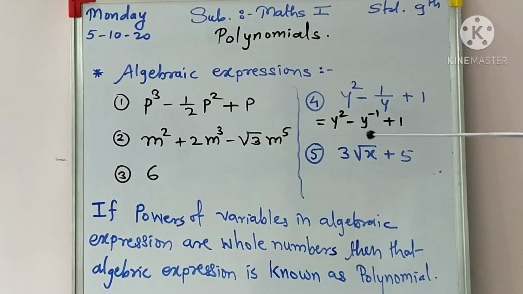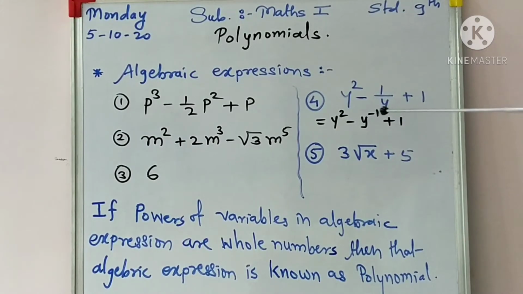So what we notice here, students, is that the middle term power is minus 1, which is negative, not a whole number, and therefore we can say that the given expression is not a polynomial.